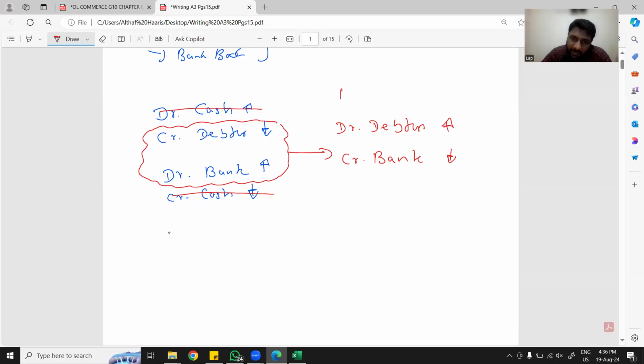So this is the reversal due to check dishonored. Debit the debtor, credit the bank. So this one to this one got cancelled off.